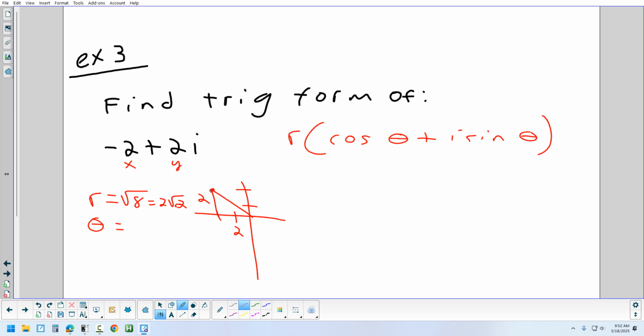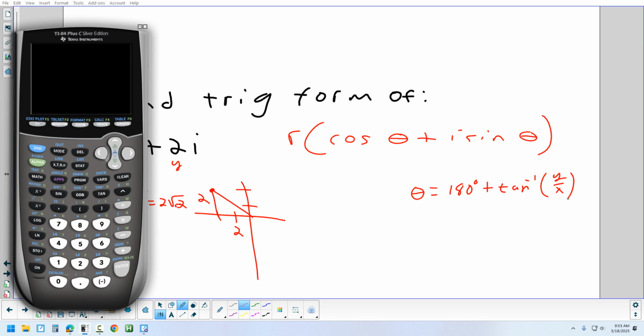Okay, our point is in quadrant 2. What's the formula to find theta if you are in quadrant 2? Theta equals pi plus inverse tangent of y over x. Yep. All right, so let's fill that in.